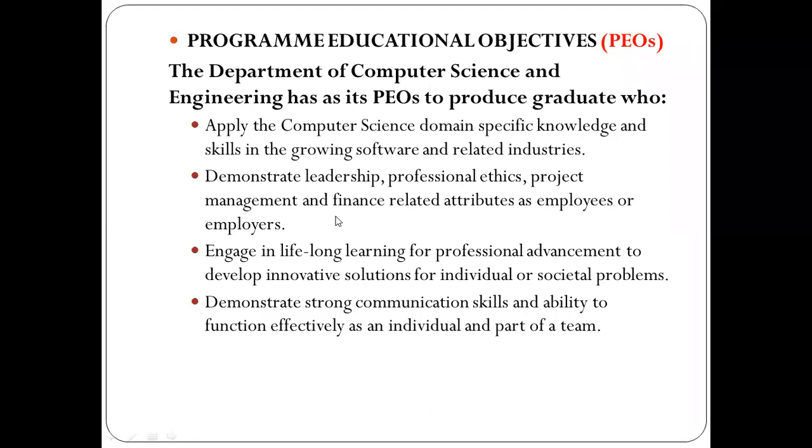We want to produce graduates. Graduate means you are the graduates after completion of your BTech, right? So the main program educational objective is to apply the computer science domain specific knowledge and skills in growing the software and software related industries. This is the first thing.